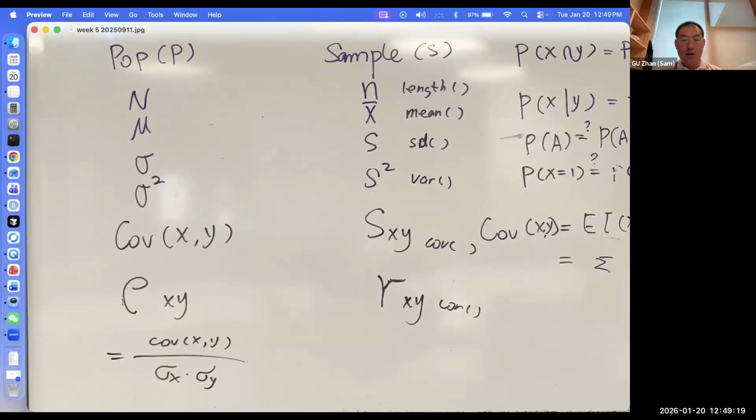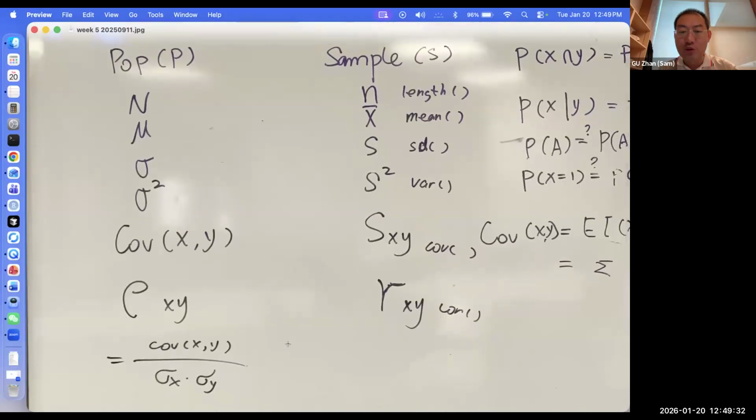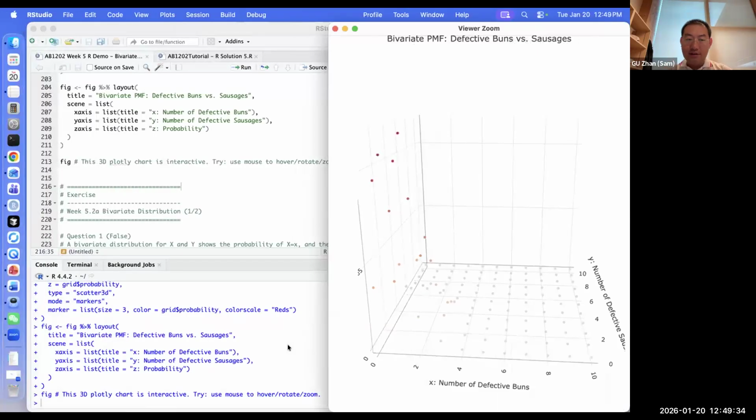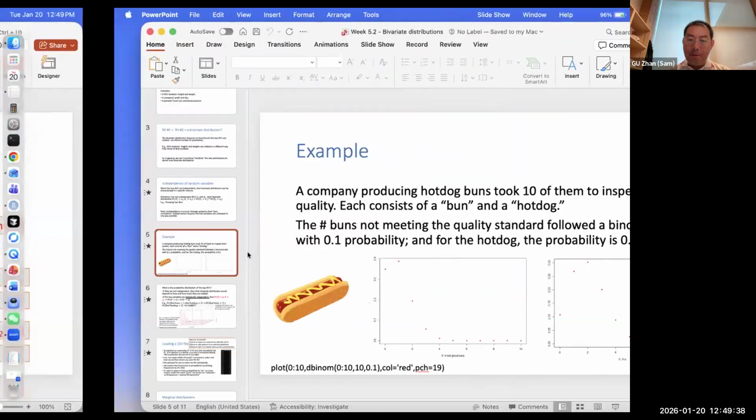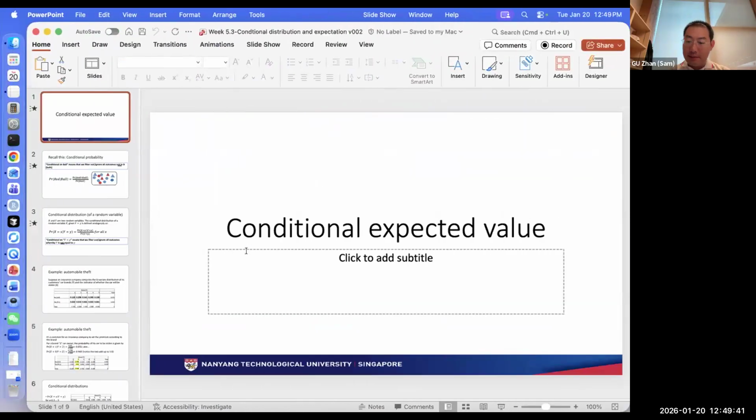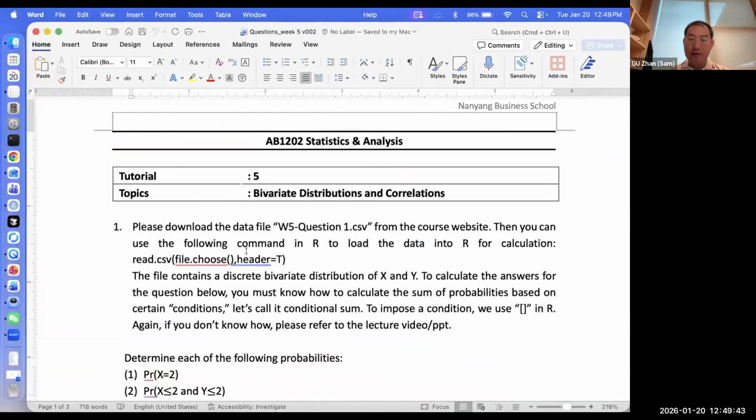Then rho xy is the population's linear correlation coefficient, and r_xy is the one for the sample. Okay, so that's the notation. There are more comprehensive rules to determine whether something is a sample or a population, so please read it.